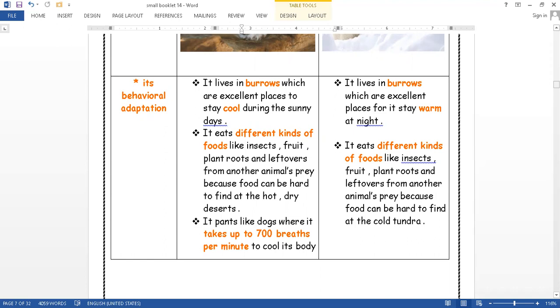Due to the hardness of the environment where they live. Finally, we will find that the fennec fox has the ability to pant like dogs, reaching 700 breaths per minute to just feel cool due to the environment where they live.